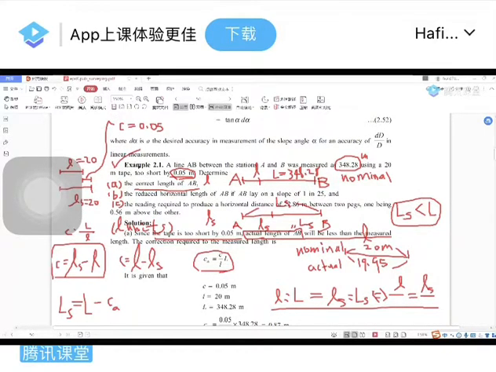I mean C means this 0.05. This LS in this case, without absolute value, it might be 20.05. Anyway, let's forget about this one. Just to let you know the major point.